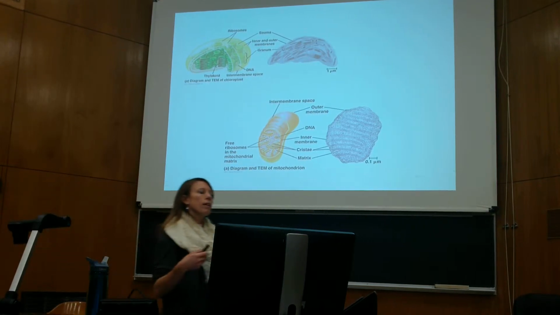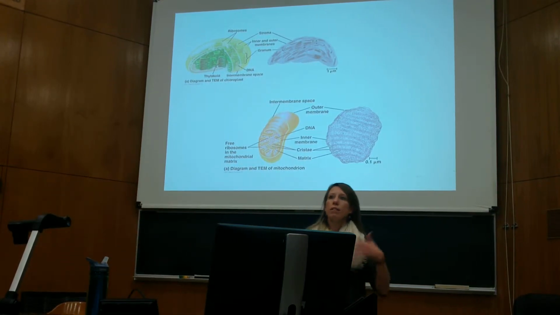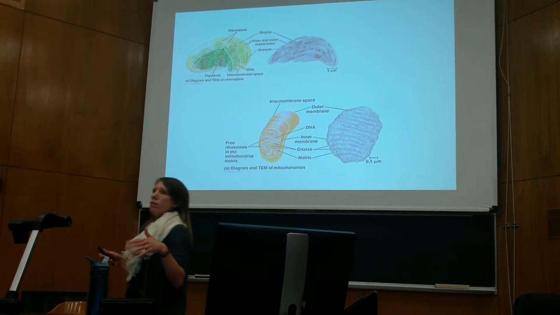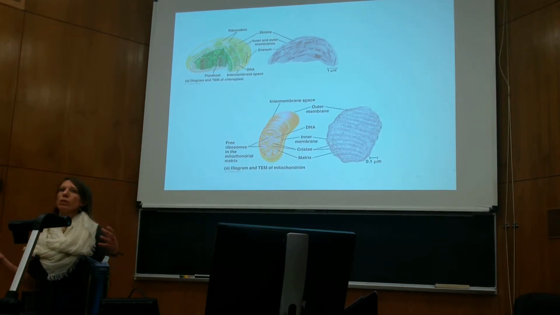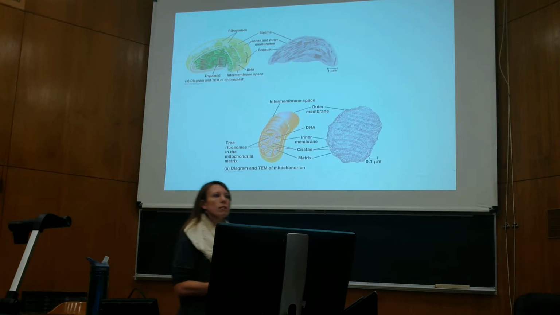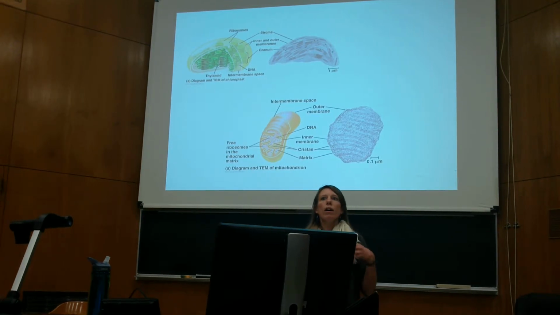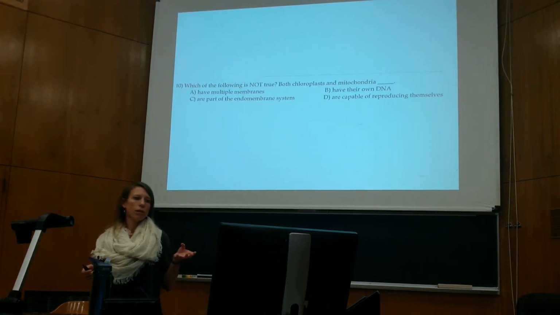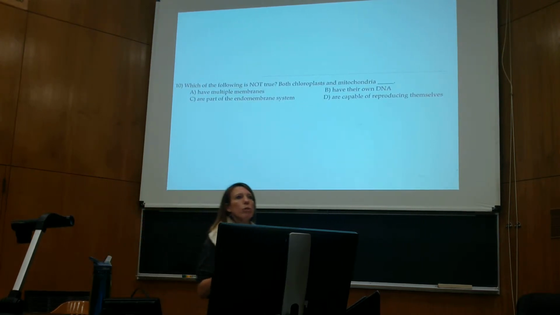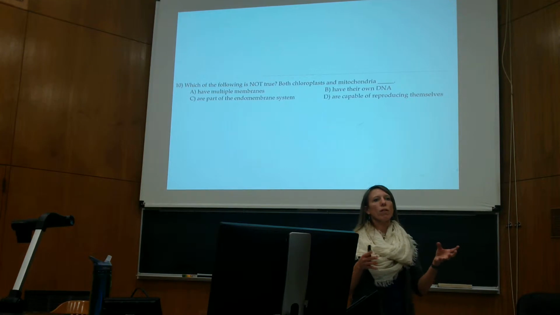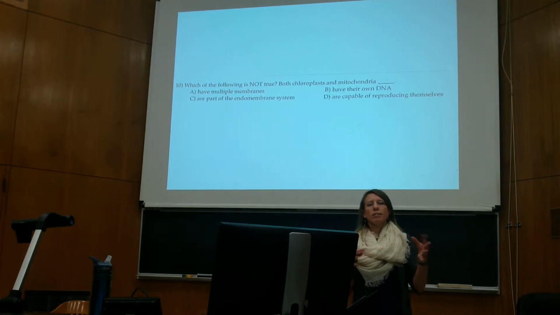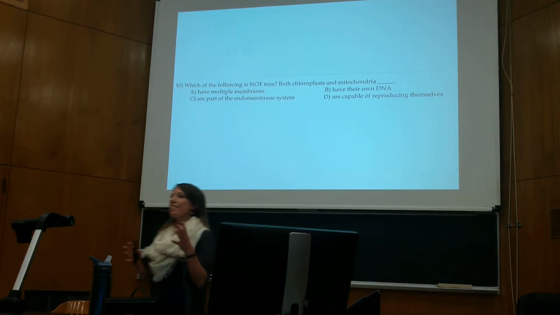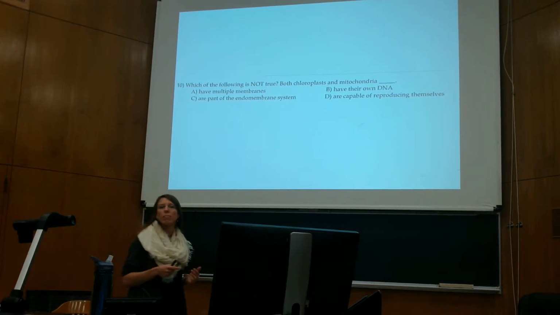But remember, the theory is they came from endosymbiosis, right? So they were engulfed by these cells a long time ago. We don't really know where their membranes come from, whereas all of the other endomembrane system, where do they get their membrane from? Yes, the endoplasmic reticulum.